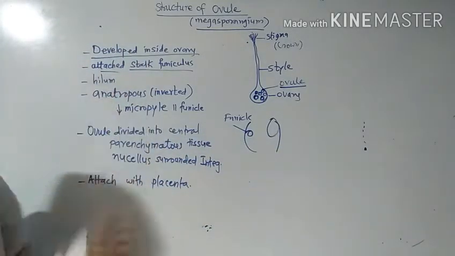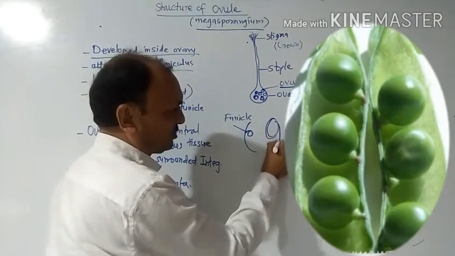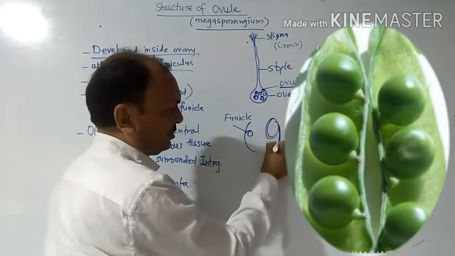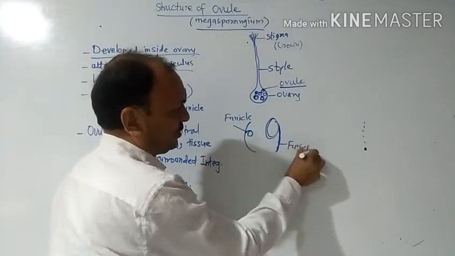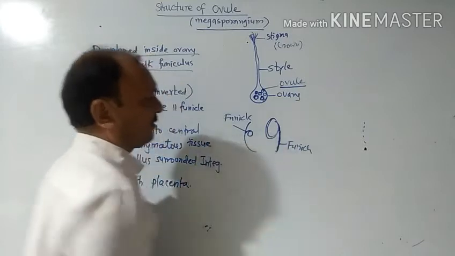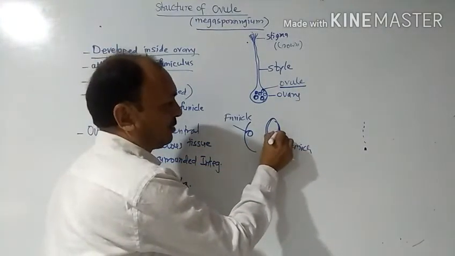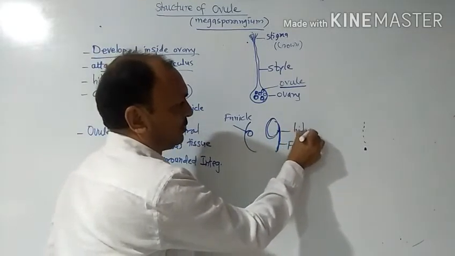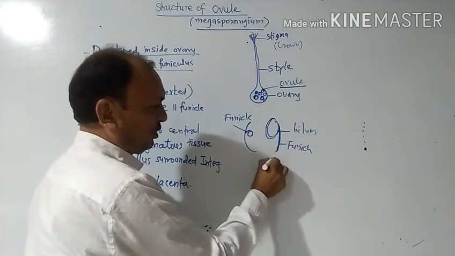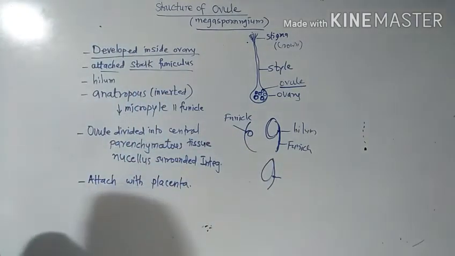Where the ovule and this stalk-like structure funicle joined or fuse is called the hilum. Suppose this is the ovule and it is attached here; that is called the hilum.